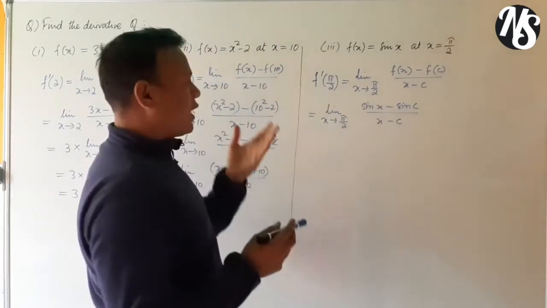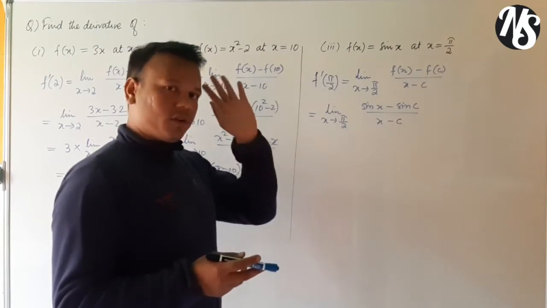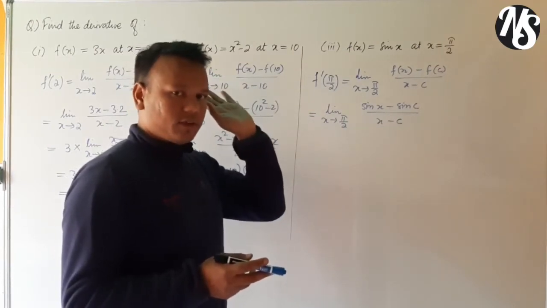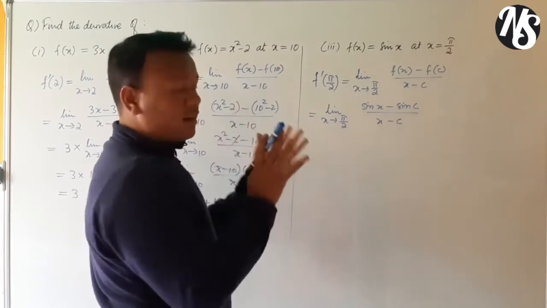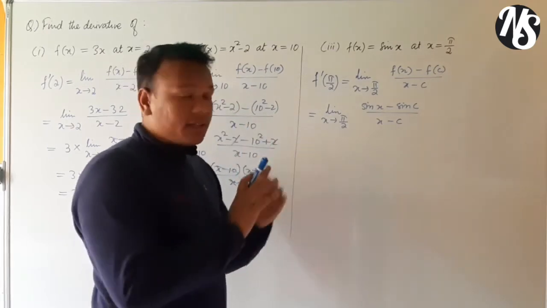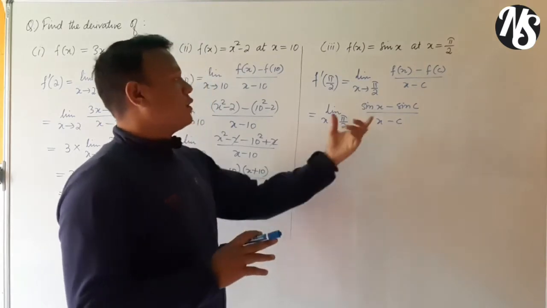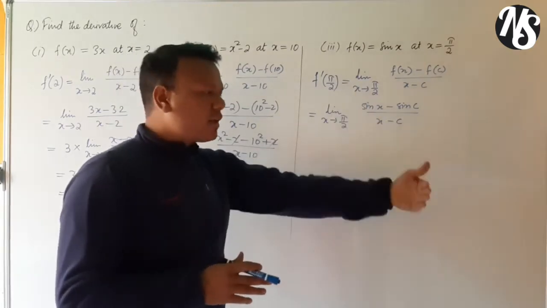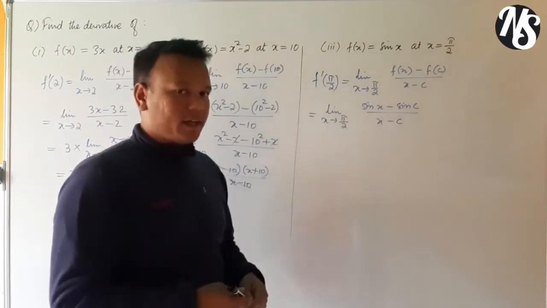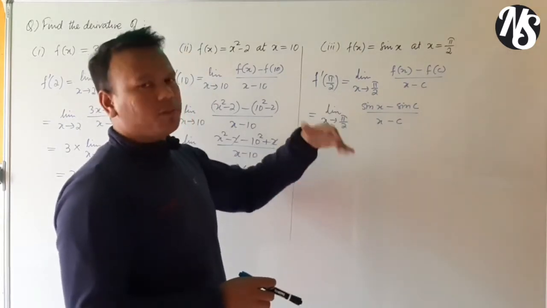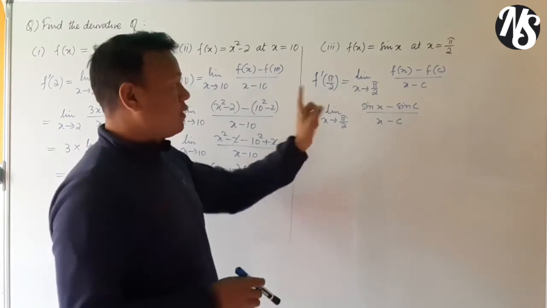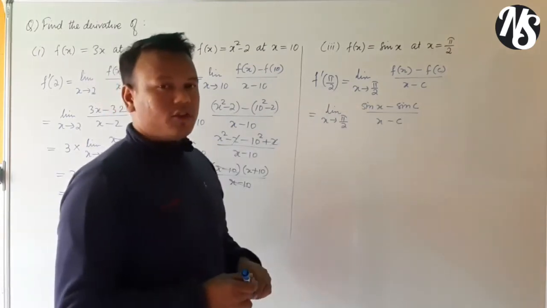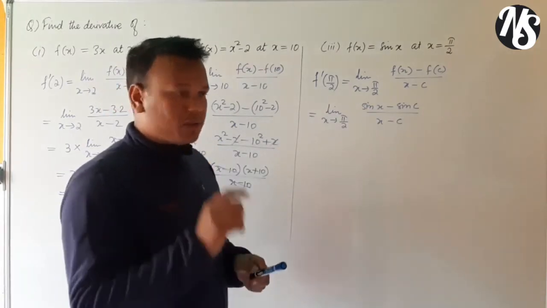The question already says to find the derivative. If it is already existing, then only they'll ask this way, isn't it? So they are already saying that the derivative, or the limit, is existing. That means the value of this will be equal to the left hand derivative and also equal to the right hand derivative. So that's why it's always better to go for the right hand derivative whenever you see a trigonometric limit. Keep that in mind.